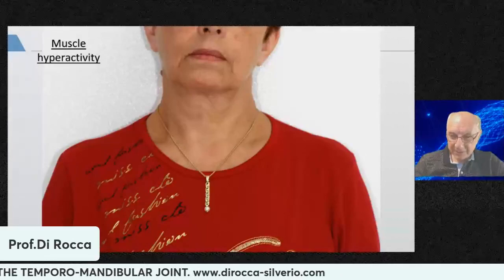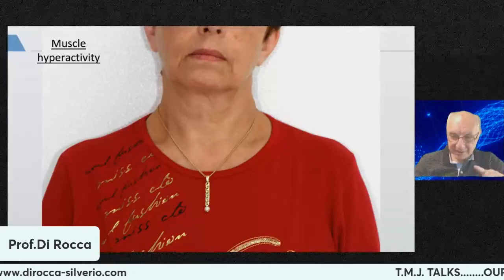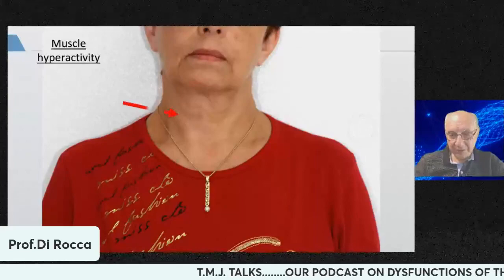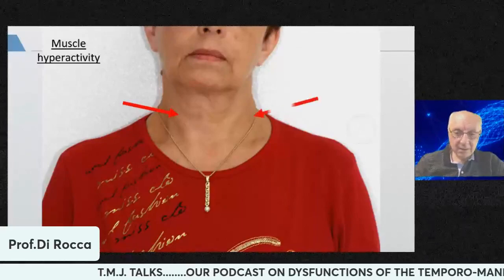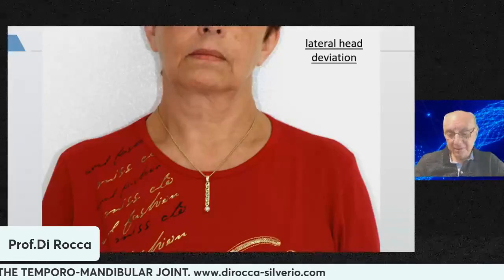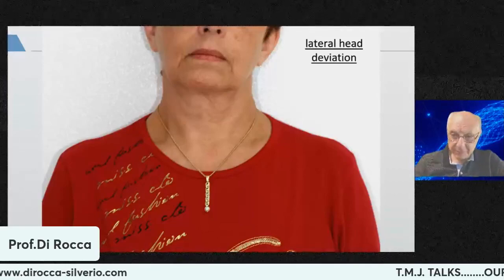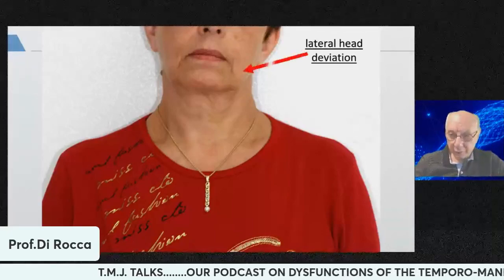A lot of muscle hyperactivity is related with T.M.J, temporomandibular disorders. You see there. And the head is deviated like this. Obviously, that situation chronically is affecting the posture. It's not stopping there. Slowly, slowly, it's affecting the whole posture.